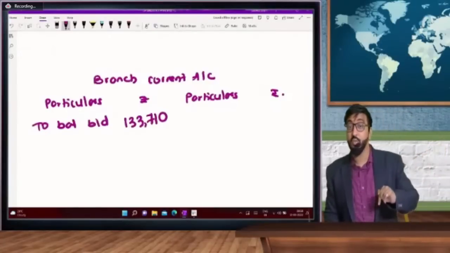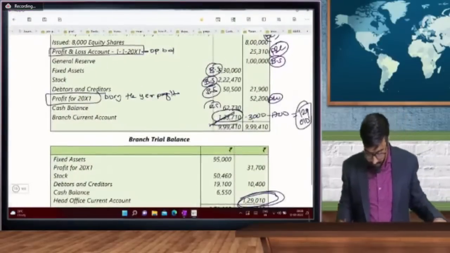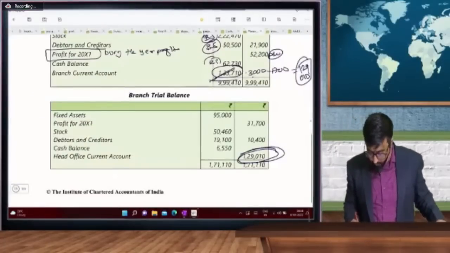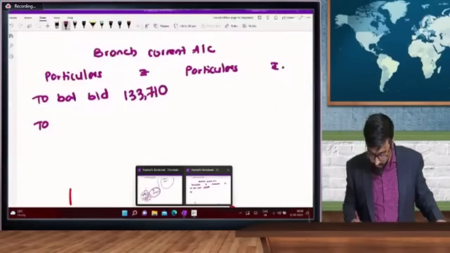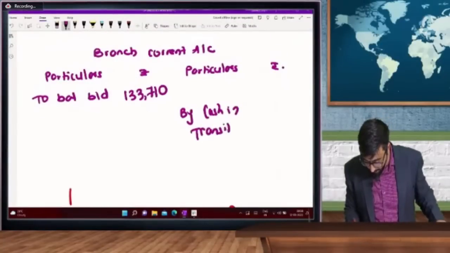In this question, we are looking at all entries in the books of the head office. To balance brought down, 133,710. Then you will pass the entries for the second line: by cash in transit and by loss by theft.